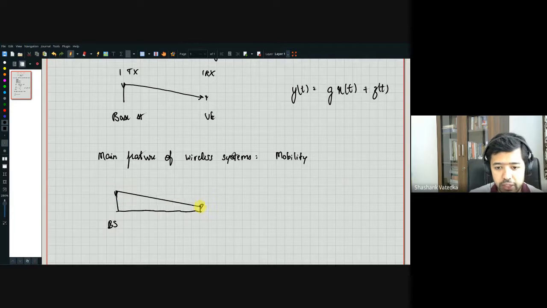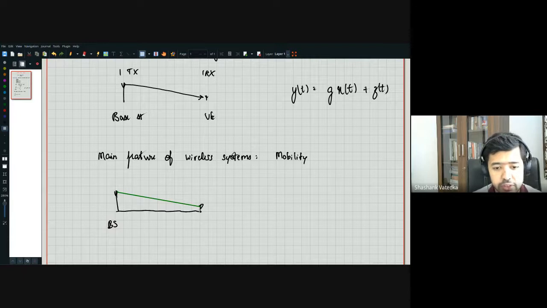So there is going to be a line of sight component from the transmitter, or the base station, to the receiver. But note that this is not the only component, right? Even if there is no other reflector, suppose that you're in an empty field with absolutely no other reflector around you, there is still more than one component which is received at the receiver.